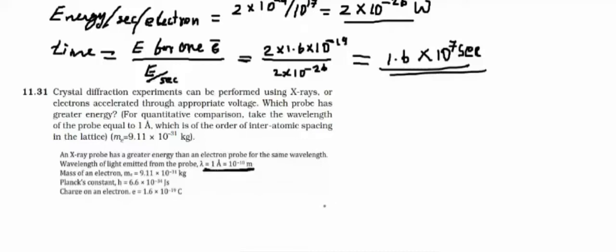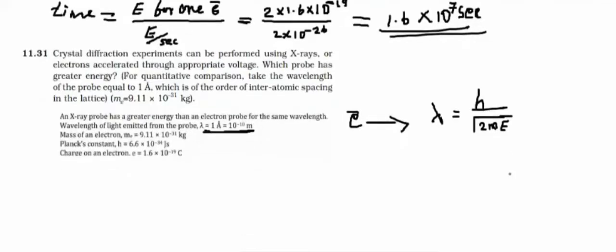Now, first of all, we can take electron. When you take electron, we have lambda is equal to h divided by root of 2mE, where E is the energy of the electron.